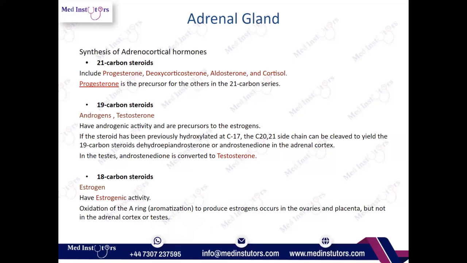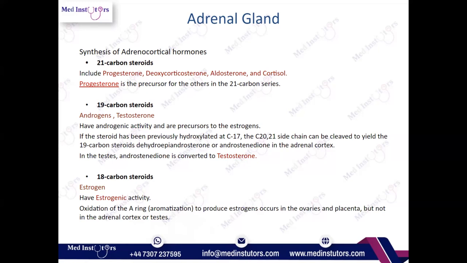In a while, we will talk about steroidogenesis. For now, remember the 21 carbon steroids are progesterone, deoxycorticosterone, aldosterone, and cortisol.